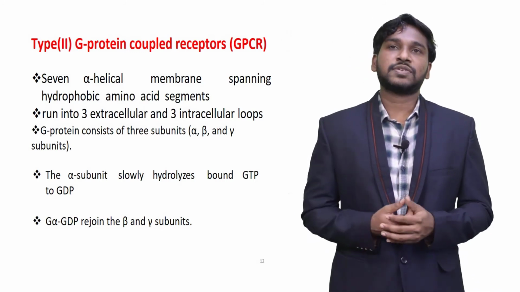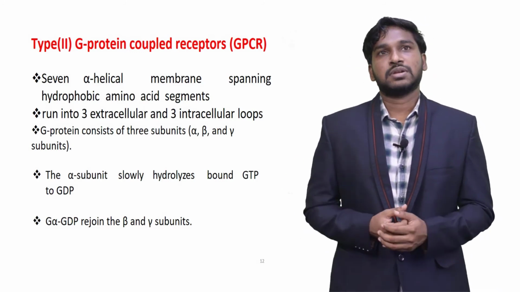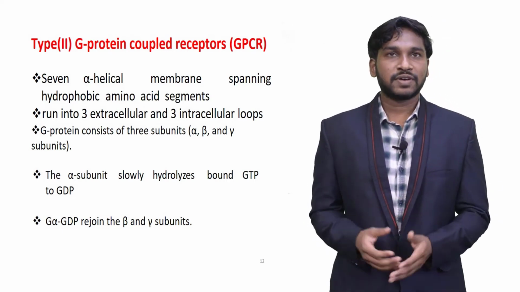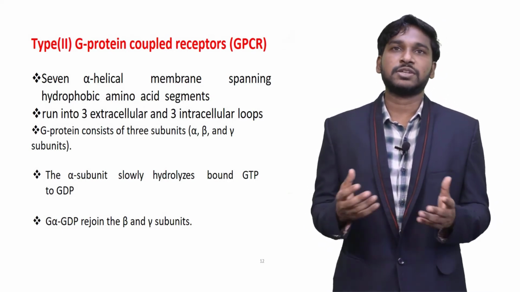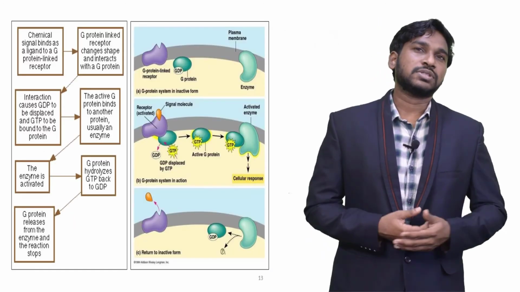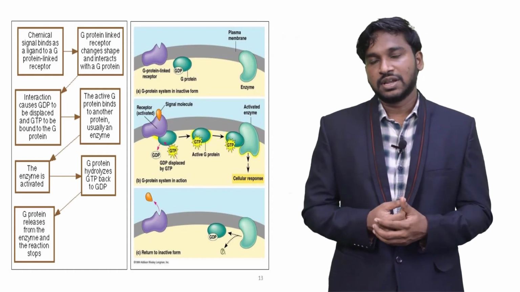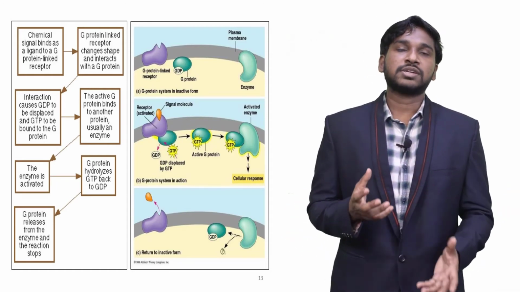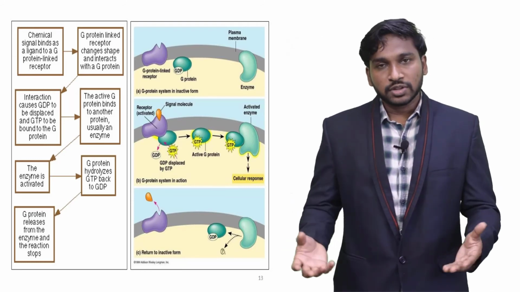The G protein consists of three subunits: alpha, beta and gamma. In the inactive state, GDP is bound to the alpha subunit. Activation leads to displacement of GDP by GTP. The activated G alpha-GTP dissociates from the beta and gamma subunits, then associates with an effector protein and alters its functional state, which can control cellular events and functions.